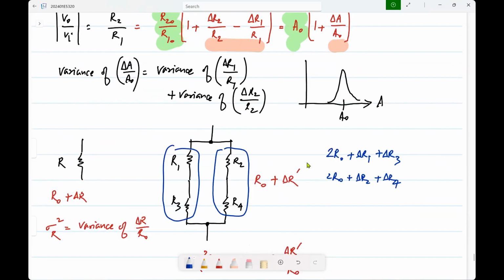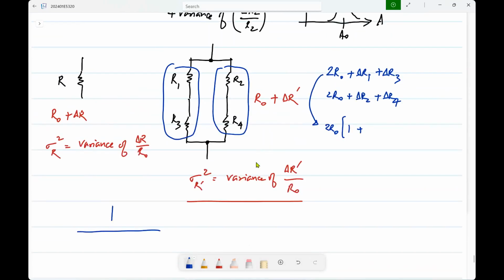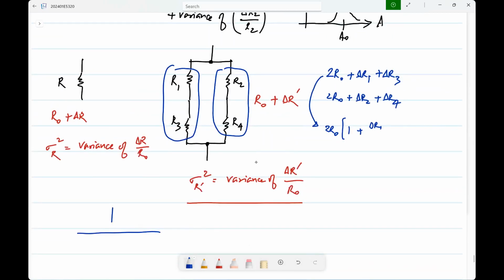So now what do we have? The parallel combination of the resistors. So the conductances will add up. Each one can be written as 2R0 times 1 plus delta R1 plus delta R3 by 2R0, and the other one is 2R0 times 1 plus delta R2 plus delta R4 by 2R0.